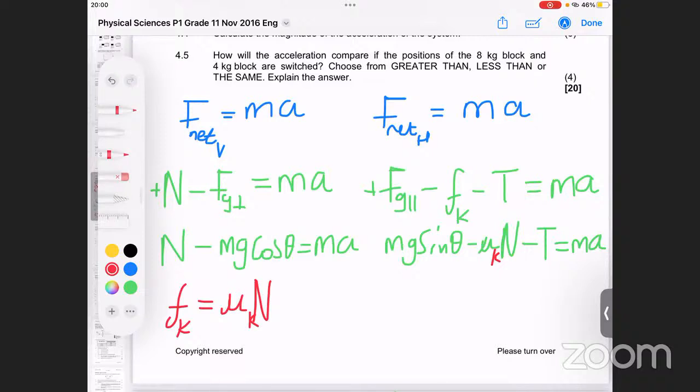Again, do we not know the formula for N?